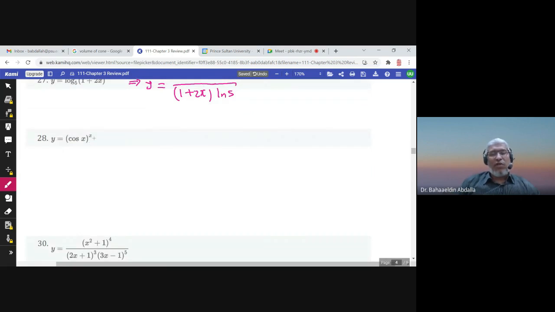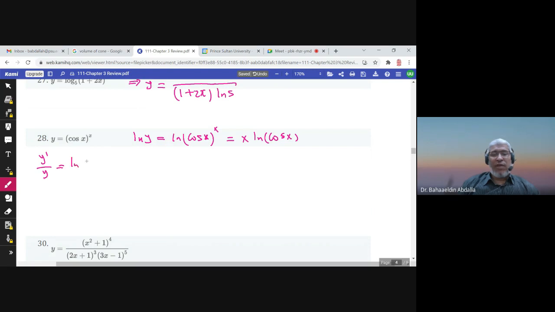Now here, function to function, I have to use logarithmic differentiation. So I apply ln to both sides. And this would be x ln cosine x. I can take x here in front of ln. And now I find the derivative. Derivative of ln y is y prime over y. And here I have product.